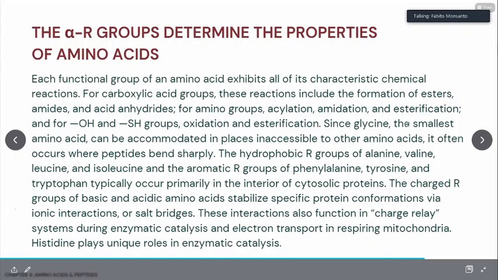Glycine is the smallest and does not have an R group, so it can be accommodated in places inaccessible to other amino acids.